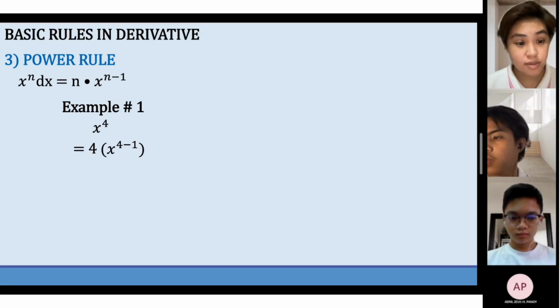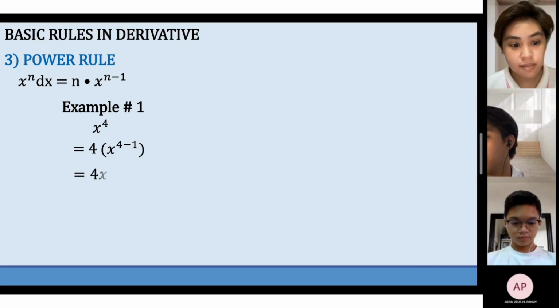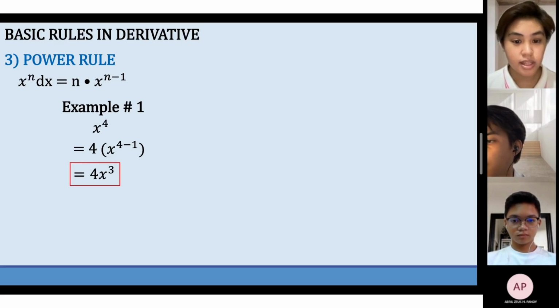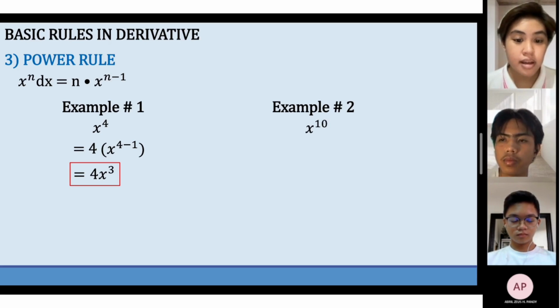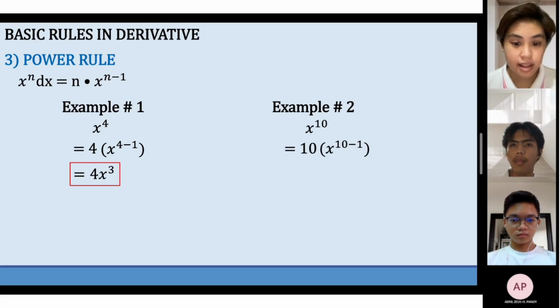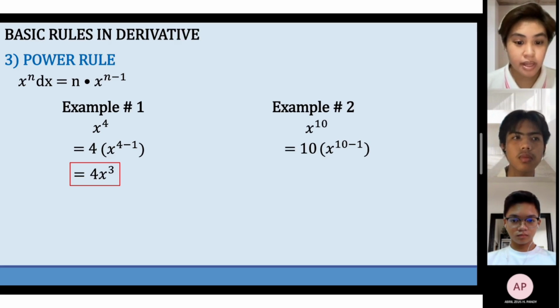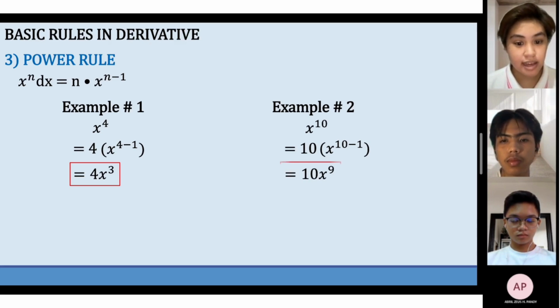So the final answer will be 4x raised to 3. Another example is x raised to 10. Again, we will bring down the exponent, then copy x, then subtract 1 from its exponent, so it will be 10x raised to 9.